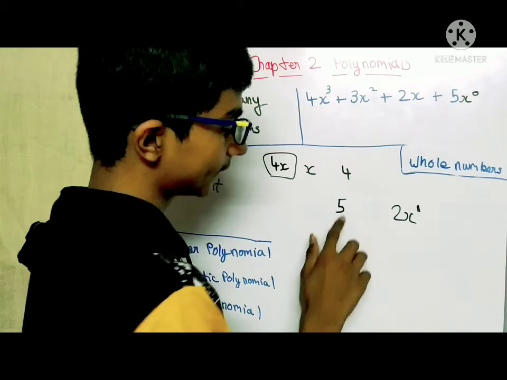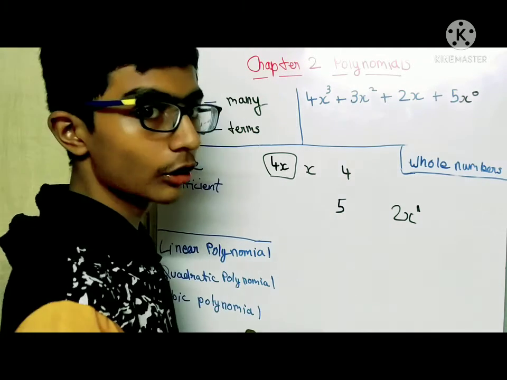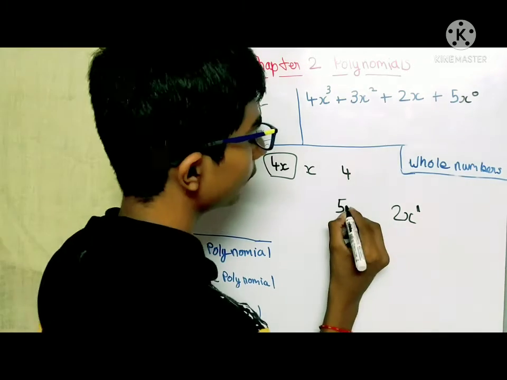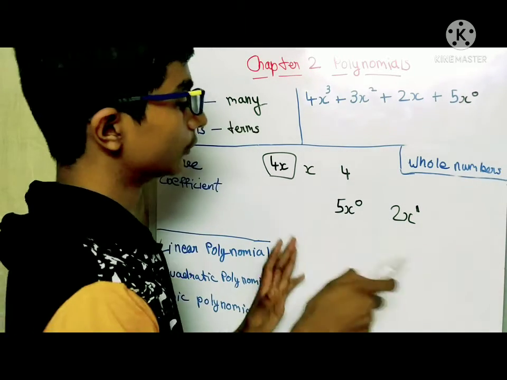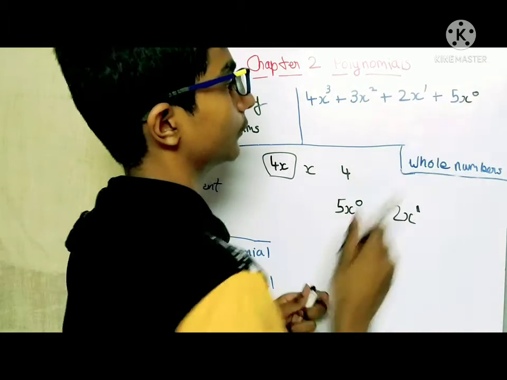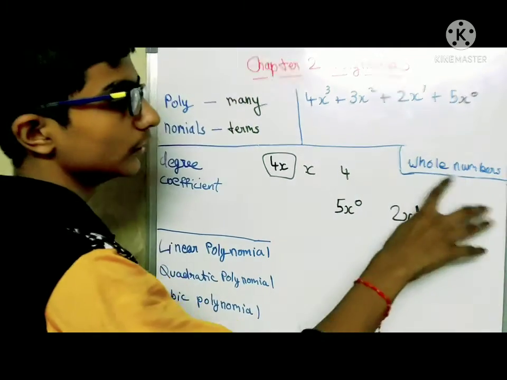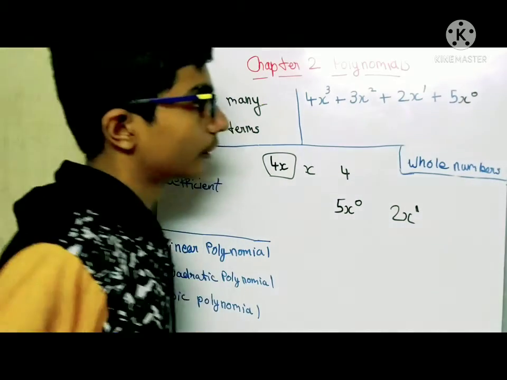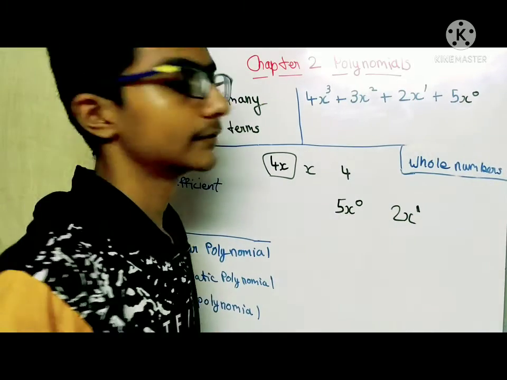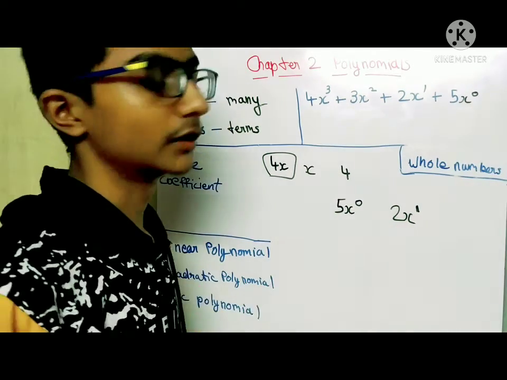But here 5 is also not a term, and it does not have any power either, so here we will take the power as 0. So now we can add 1 and 0. Now 3, 2, 1, 0 are whole numbers and are its powers, and these all are terms. So in short, this is a polynomial.